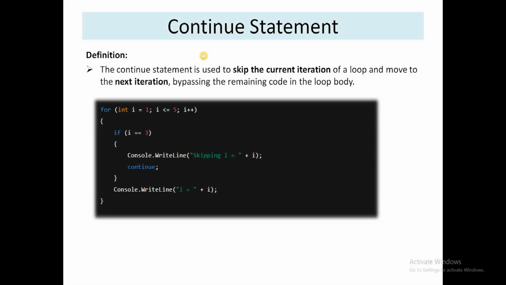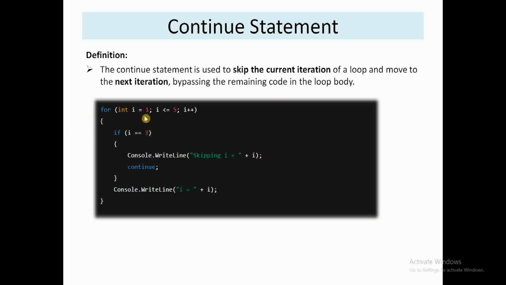So the next statement is continue. The continue statement is used to skip the current iteration of a loop and move to the next iteration, bypassing the remaining code in the loop body. The main thing in the continue statement is that if we want to skip a specific block of code, then we can use continue in our loops. Suppose here we have an example for loop.